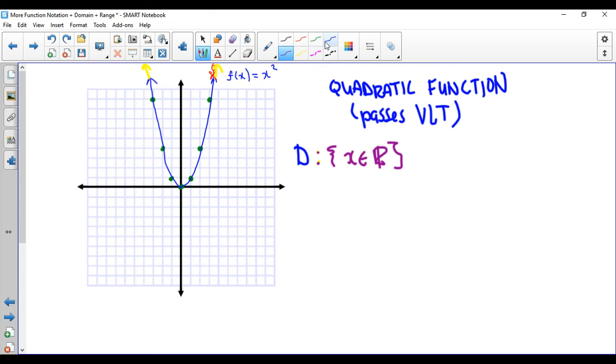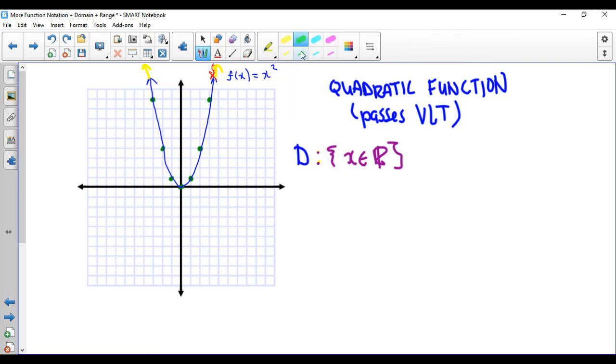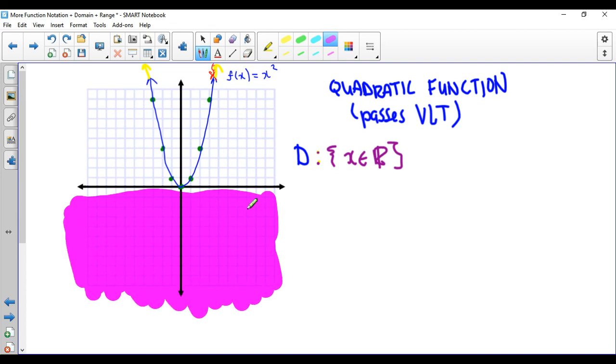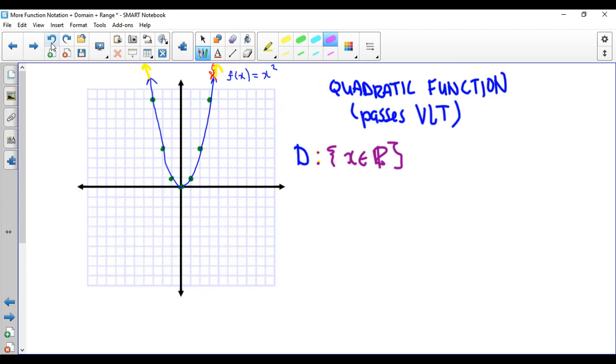Now the range. If you check out this graph, there is an area of the graph that unfortunately the function never goes, and that is down here. Okay. So I'll just shade it in, it's kind of fun for me. Oops. Oh, geez. Let me just undo that. Oh, God.